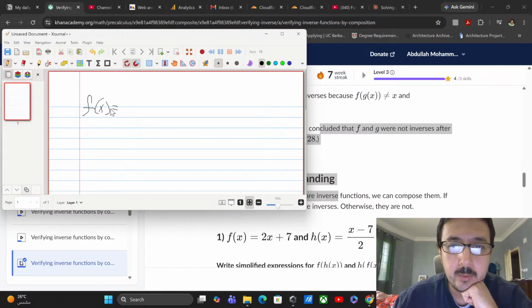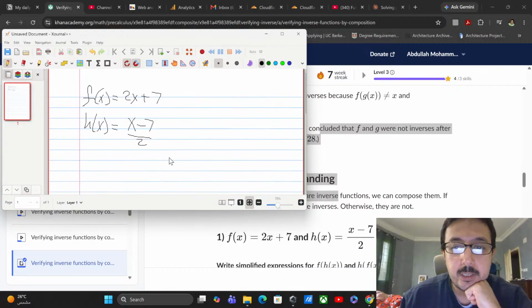f of x equals 2x plus 7, h of x equals x minus 7 over 2. Right, simplified f of h of x.